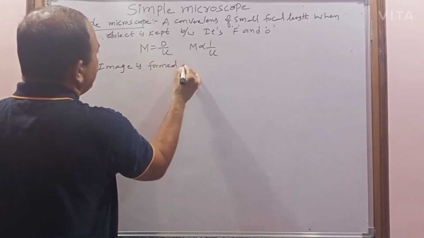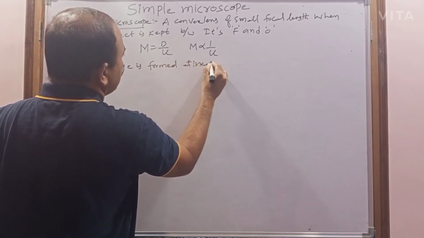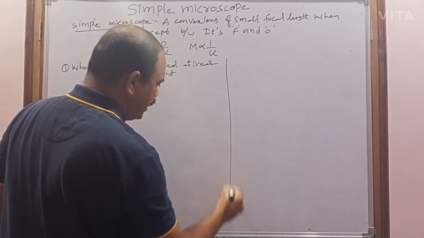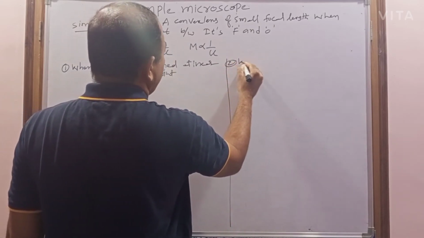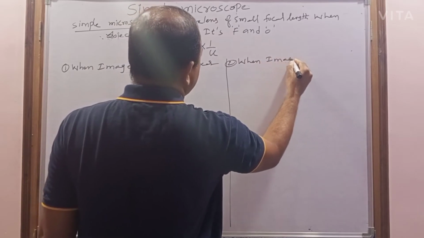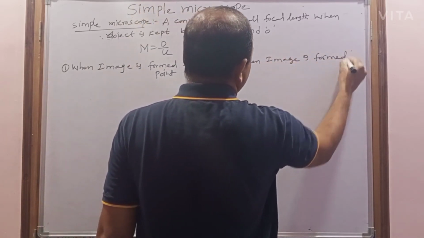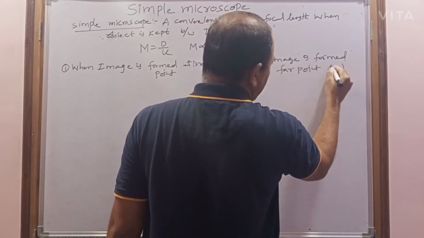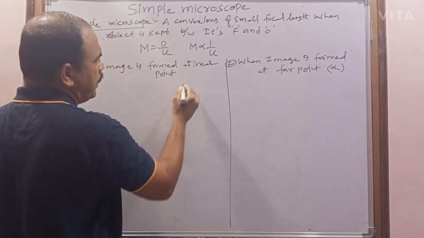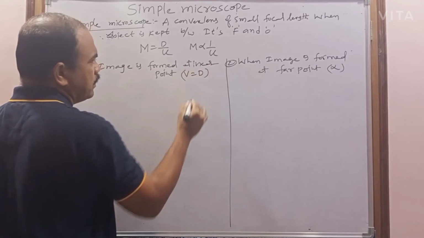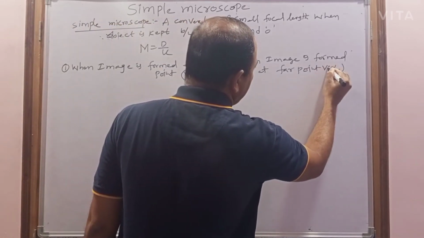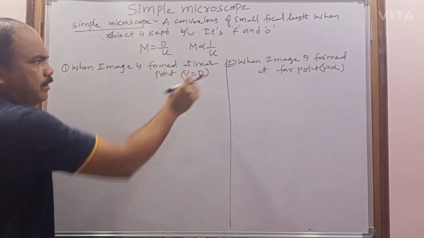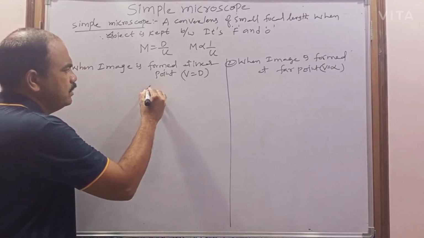The first case is when the image is formed at the near point. The near point is nothing but the least distance of distinct vision. The second case is when the image is formed at the far point. The far point is at infinity. So when the image is formed at the near point, v equals D here. And here v equals infinity. You have to remember. The image formed at infinity is at the far point, and the image formed at the near point is at the least distance of distinct vision. This is the simple microscope.